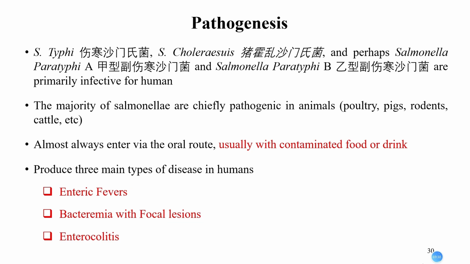So Salmonella can infect the chicken. So in the chicken factory or chicken farm, usually they need to give the chicken vaccine to prevent Salmonella infection. But sometimes, if they don't have enough money to vaccinate the chickens, the chicken can get infected.